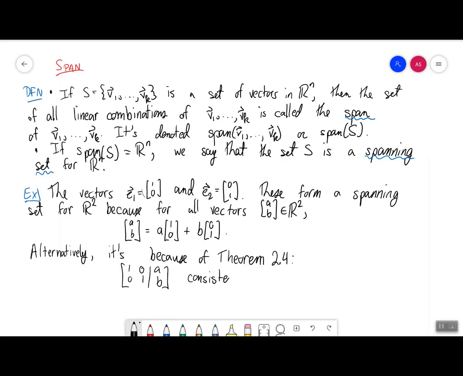And therefore, by theorem 2.4, this vector here is a linear combination of the columns of these two vectors. Or in other words, this vector here is in the span of these two vectors.